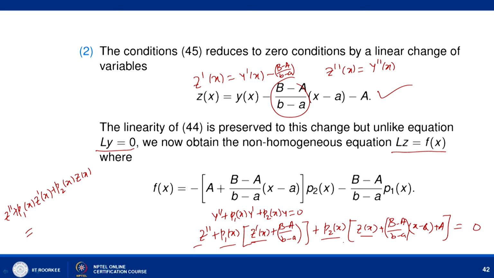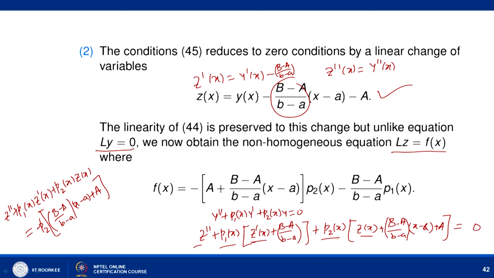So, here we have this quantity. First thing is that p2 x, when you shift it there, has a negative sign. So, minus p2 and within the bracket we have (capital B minus capital A) divided by (small b minus small a) times (x minus a), plus capital A, right.